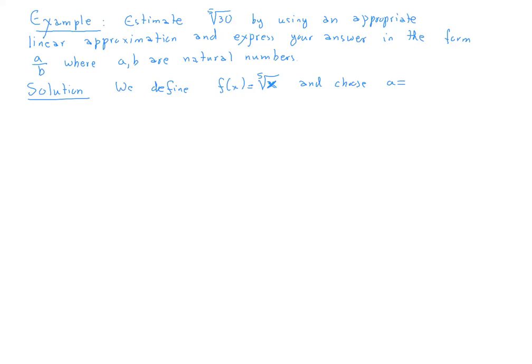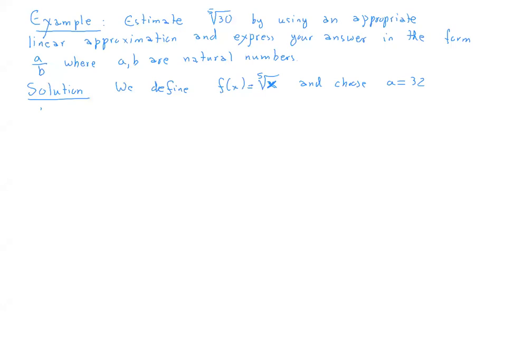We want a number that has a nice fifth root, which is close to 30. Can you think of a number that is a fifth power and is close to 30? I hope you all answered 32. So 32 is a fifth power, so we will choose this as the center of our approximation.